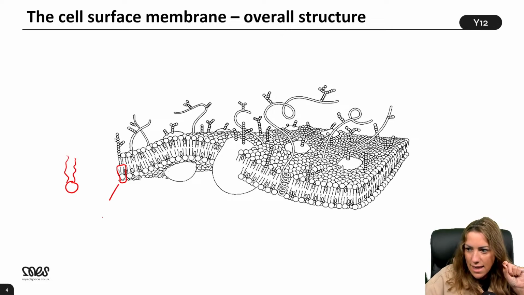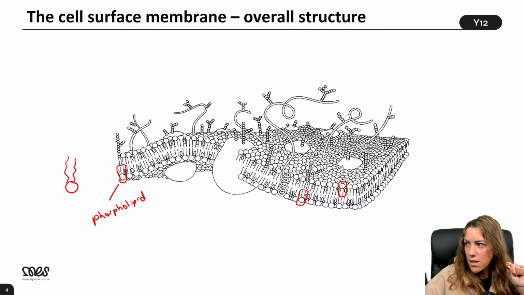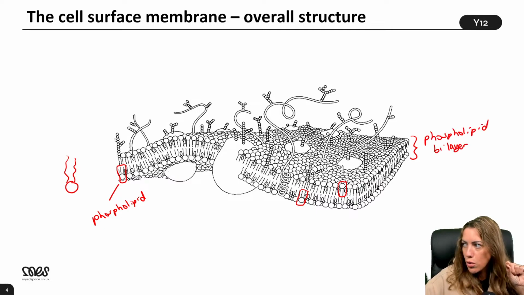But this is one of those phospholipids that we've just been discussing. Okay, I'll just do another one for you. So can you see here? That's a phospholipid. That's a phospholipid. Okay, so we've got what we call a phospholipid bilayer. We've got 2 layers of phospholipids.